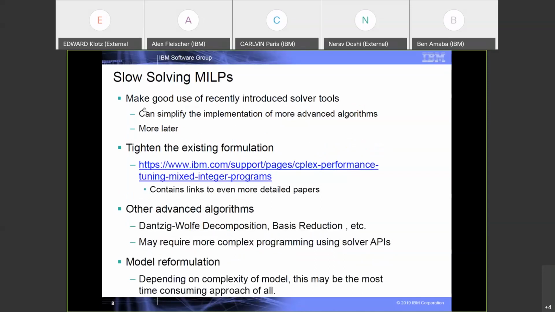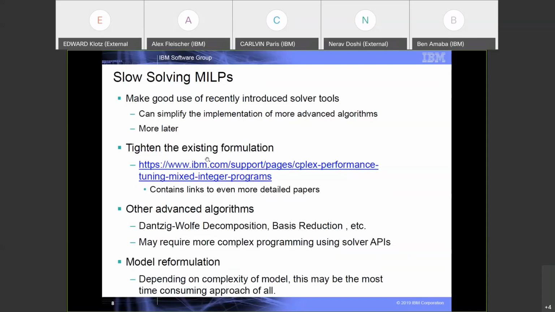Beyond that, the list goes on, even though we won't dive into any of the rest of these topics. Making good use of various solver tools that implement more advanced algorithms is one thing.